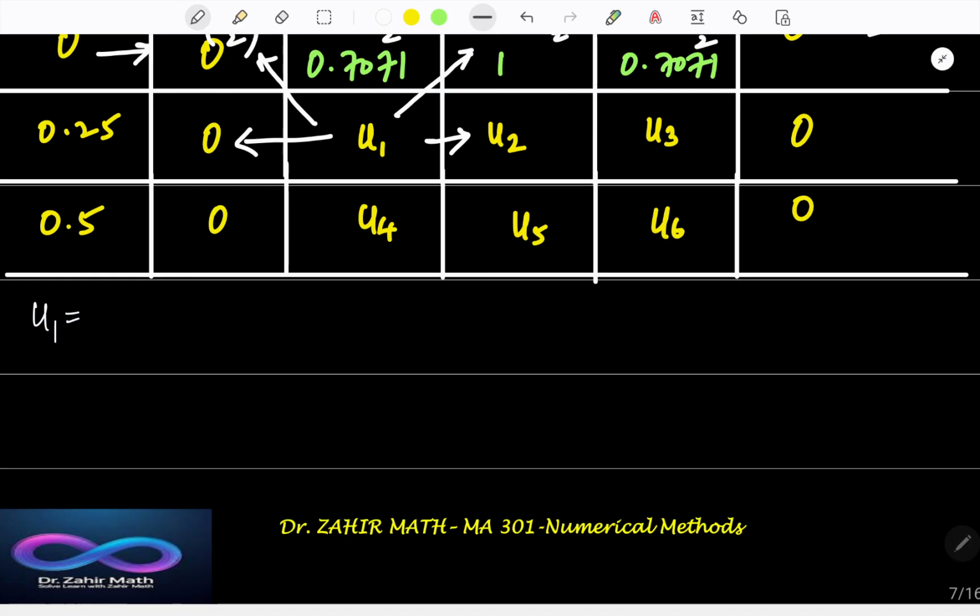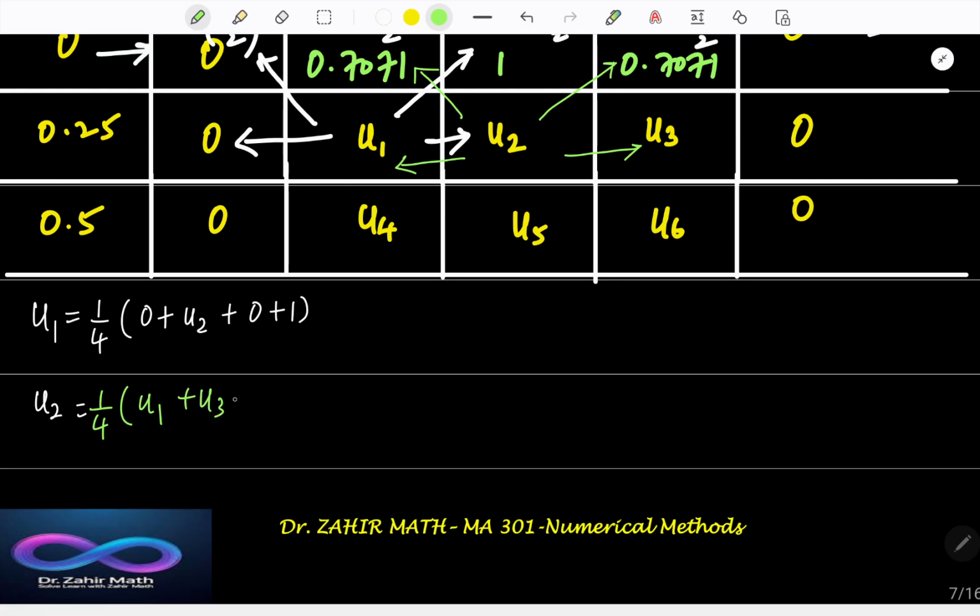So u1 is equal to 1 by 4. Don't forget that is 1 by 4, Bender-Smith is 1 by 2. So u1 equals 1 by 4 bracket open, 0 plus u2 plus 0 plus 1. So u2 equals 1 by 4 bracket open, u1 plus u3 plus 0.7071 plus 0.7071.